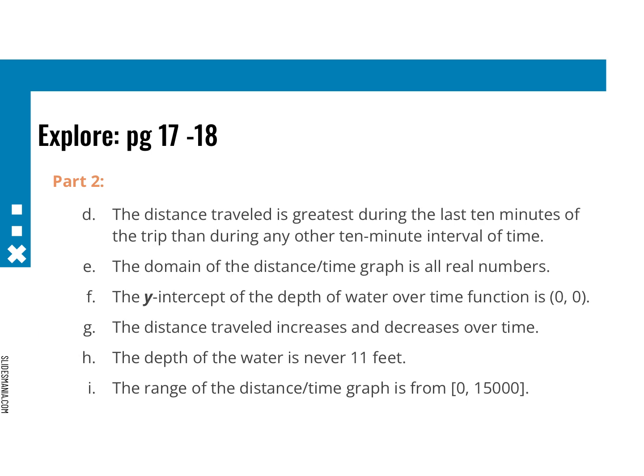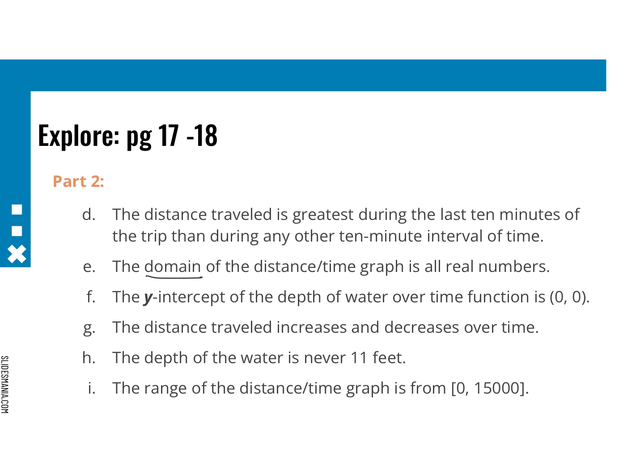All right, we're going to answer D through I. D, the distance traveled is greatest during the last 10 minutes of the trip than during any other 10 minute interval of the time. E, the domain of the distance/time graph is all real numbers. So we're looking at the domain.